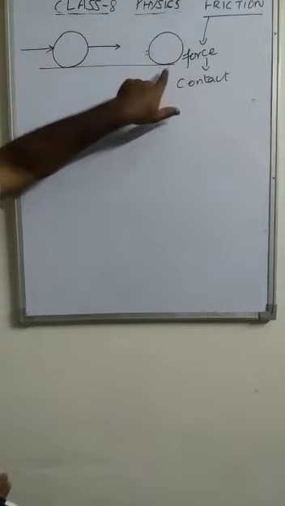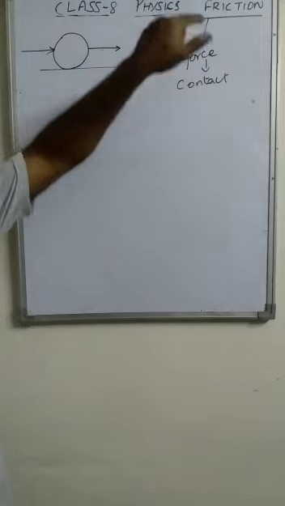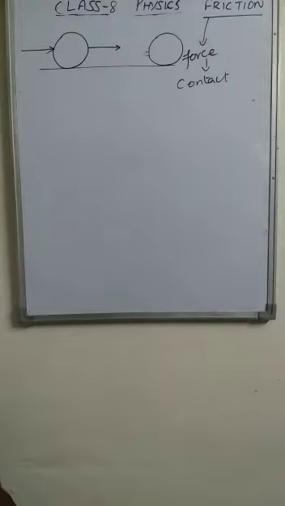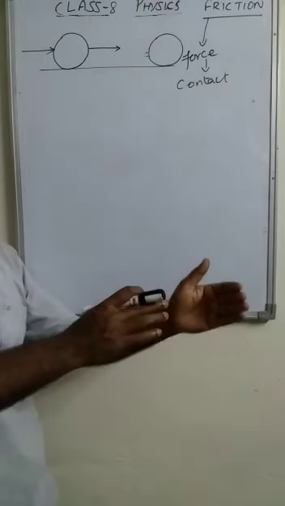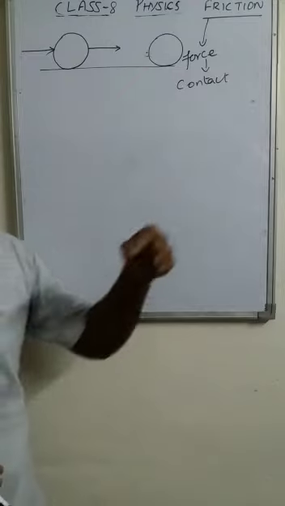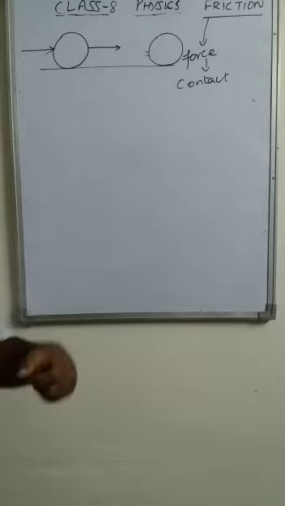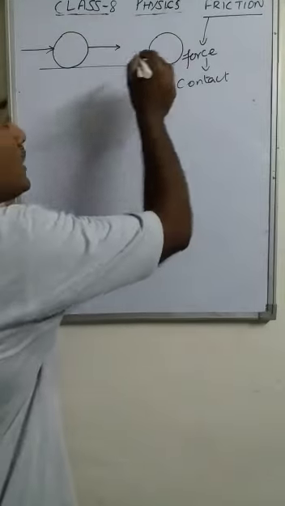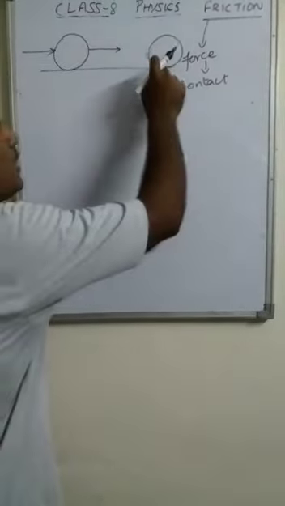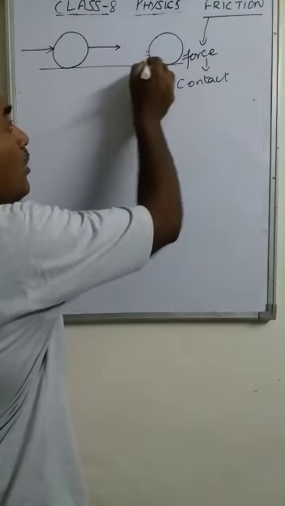So the ground must have applied the force to stop the ball. First the speed was decreasing and then it stopped. To decrease the speed of the ball, the force must be applied in the opposite direction. So that means the ground is applying force on the ball in the opposite direction of motion of the ball.